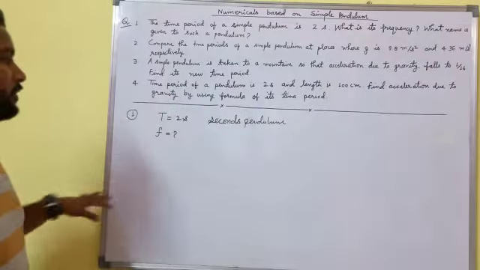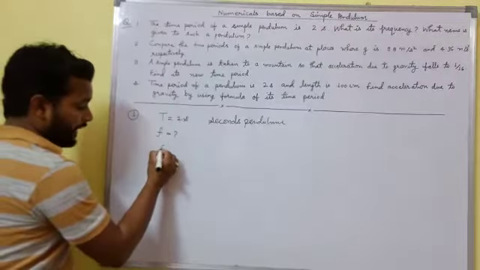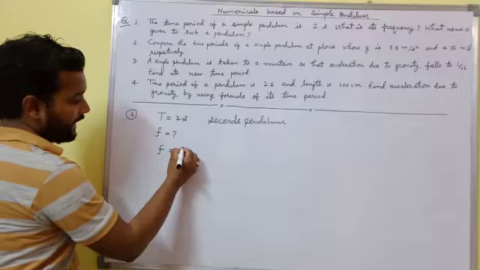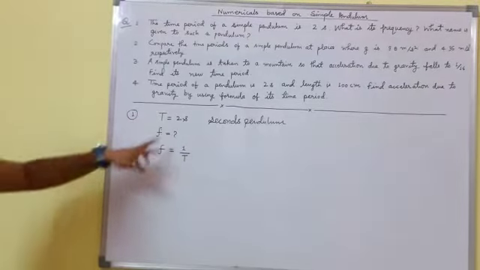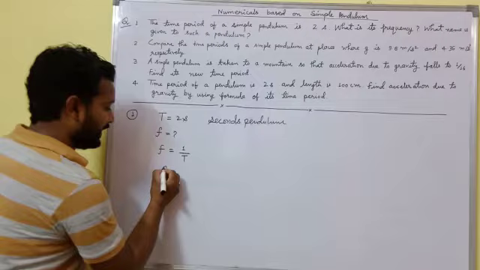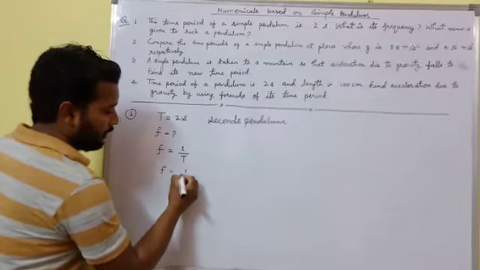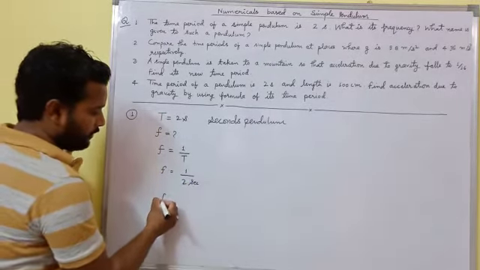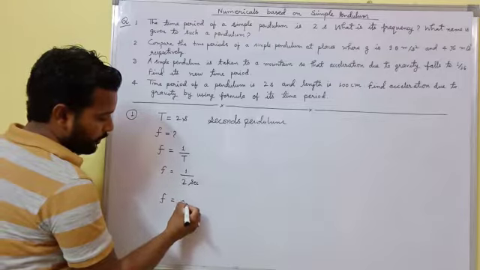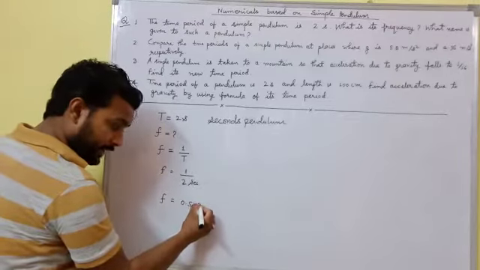Now find out the value of frequency. We have the relation between frequency and time period: f equals 1 upon T, and the value of T is 2 seconds. So we can write f equals 1 upon 2 seconds, and frequency will be 0.5 per second.